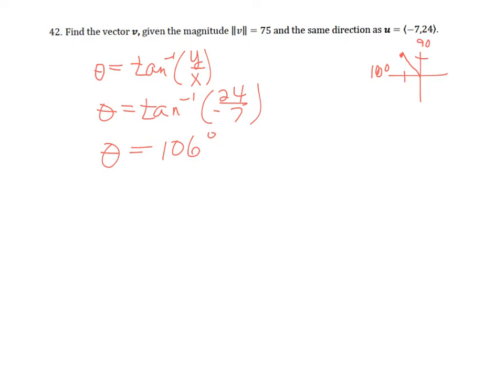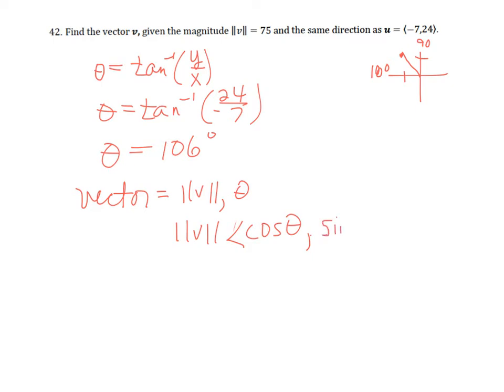Now we want our vector to have the same direction. So the vector form that shows the magnitude and the direction, you just want to write that as the magnitude in front of the cosine of theta and then the sine of theta. Okay?